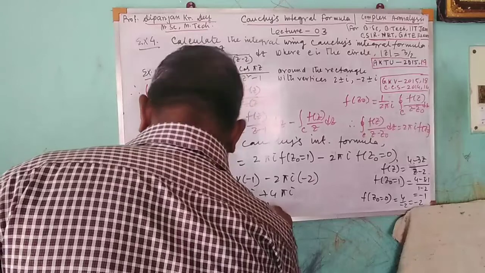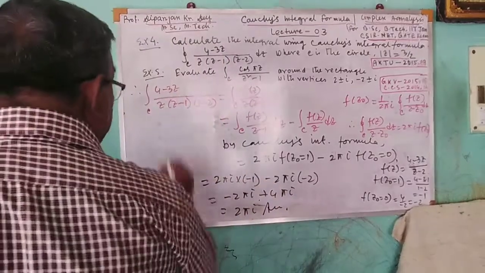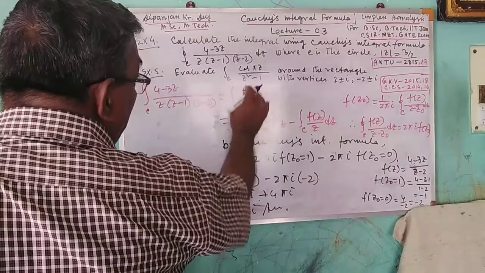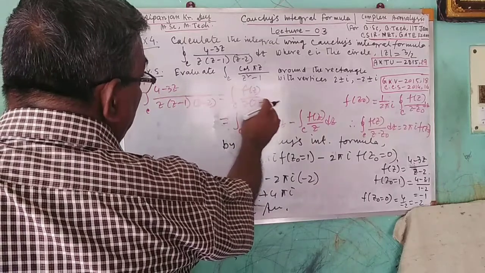This is the answer. So the left side is actually f(z) by z into (z minus 1) dz.